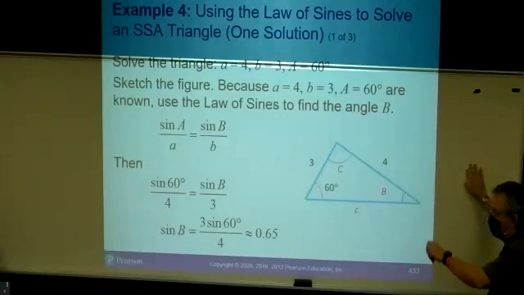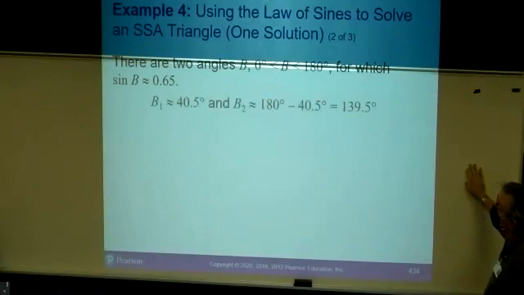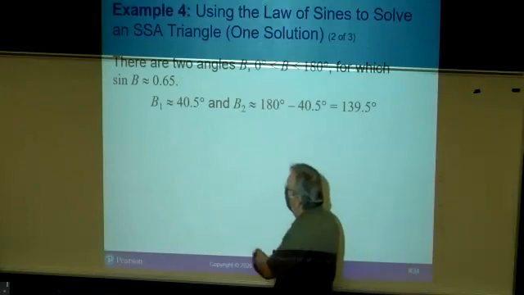And we do sine inverse 0.65. So sine inverse of 0.65 is 40.5.